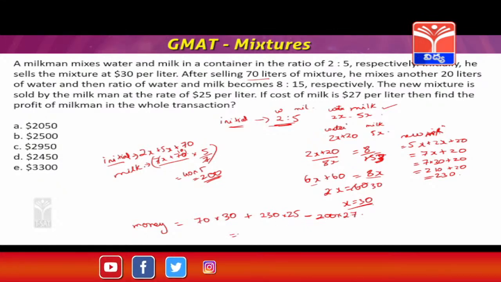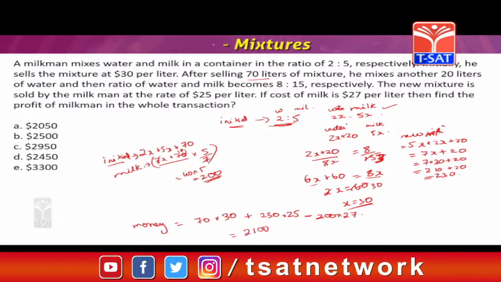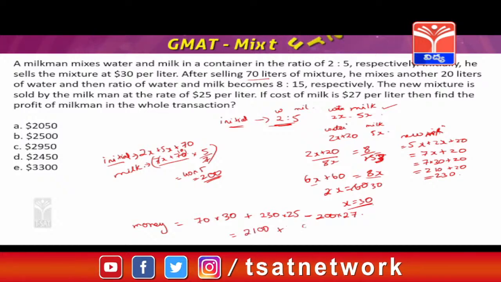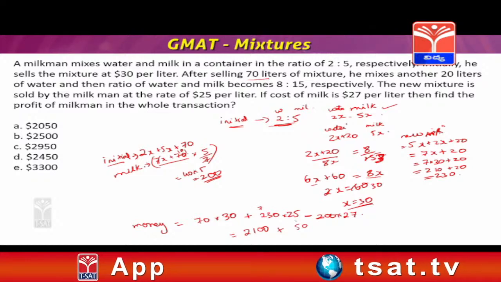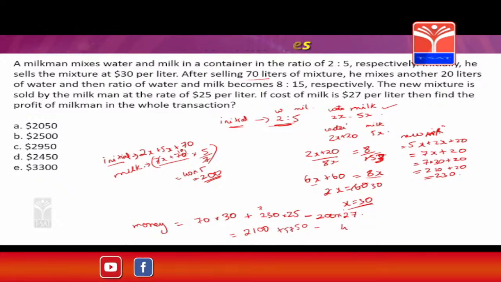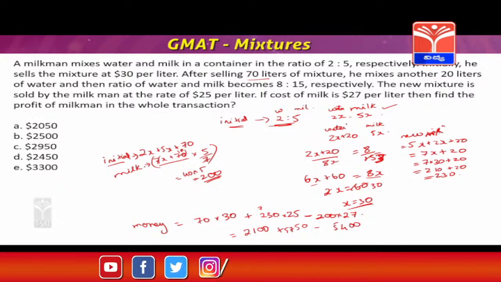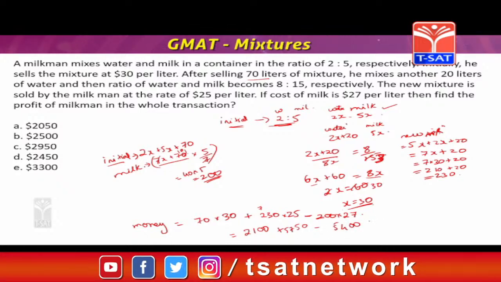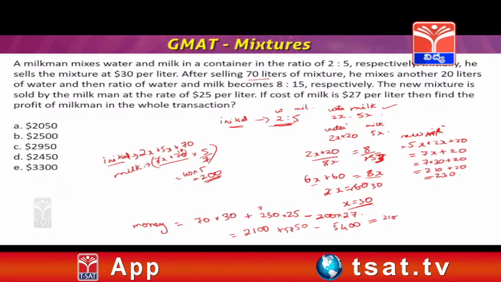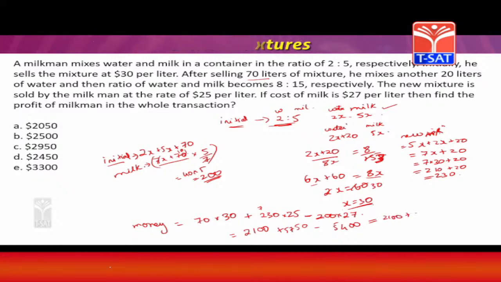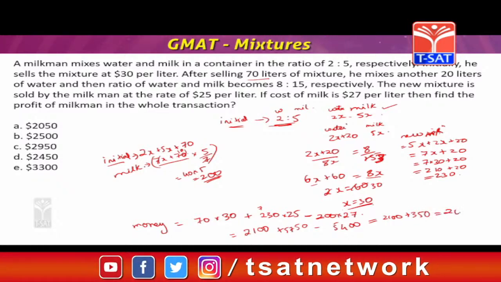By calculating this, the revenue is 70 into 30, which is 2100, plus 230 into 25, which is 5750, minus 200 into 27, which is 5400. So, 2100 plus 5750 minus 5400 will be nothing but 2450.